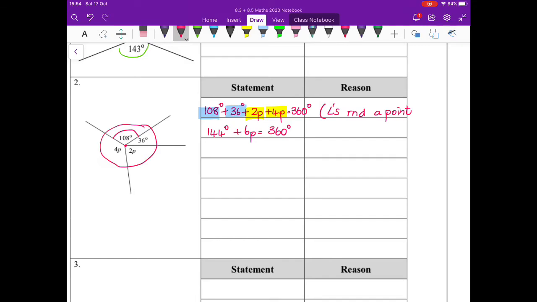So 6p, I'm going to minus 144 degrees from both sides. 6p will equal 360 degrees minus 144 degrees. If you take out your calculator, 360 minus 144 will give me 216 degrees. I want p on its own, so I divide both sides by 6. So p equals 36 degrees.